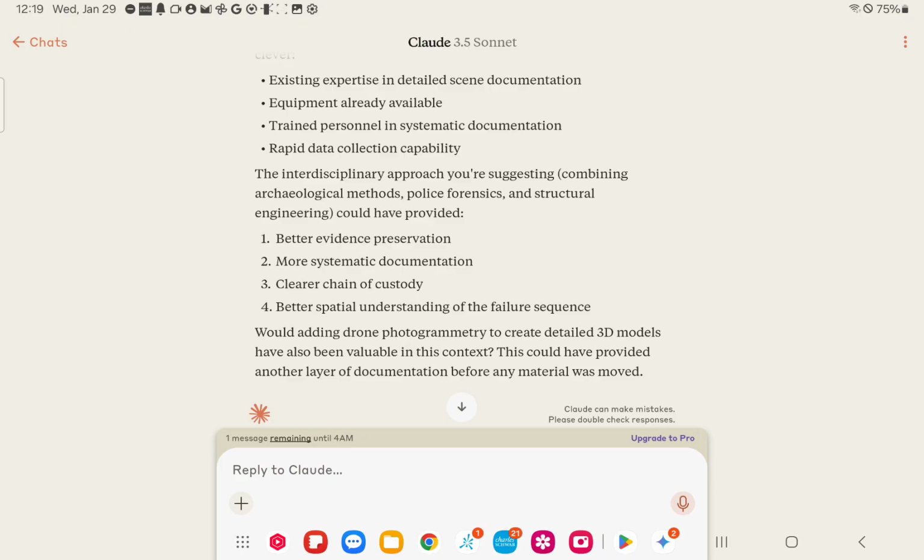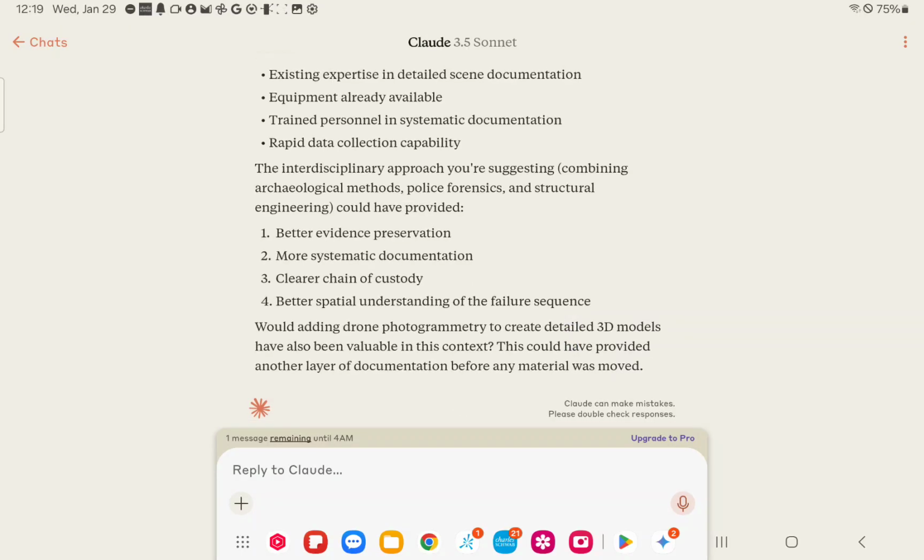Adding a drone, oh my gosh, it knows about photogrammetry, yes, to create detailed 3D models, would also have been valuable in this context. This could have provided another layer of documentation before any material was moved. Yeah, I think they did use photogrammetry. It's like that beautiful 3D stuff. It's beautiful. So I won't just reply to it.